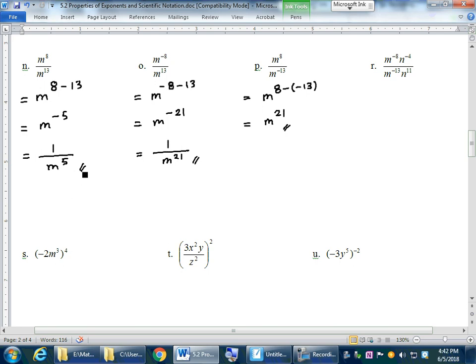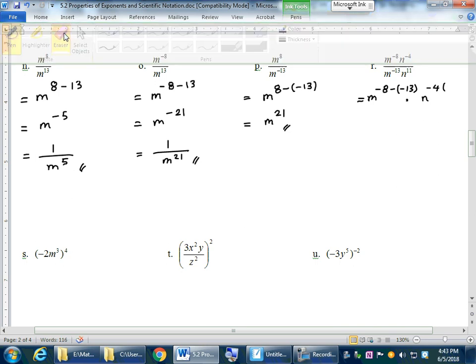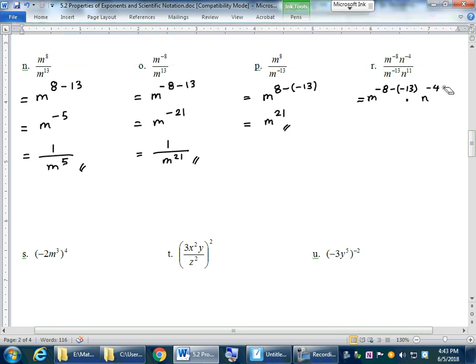So by this property, example R will be much easier to attack, which is going to be m to the negative 8 minus negative 13 times n to the negative 4 minus negative 11. Right?